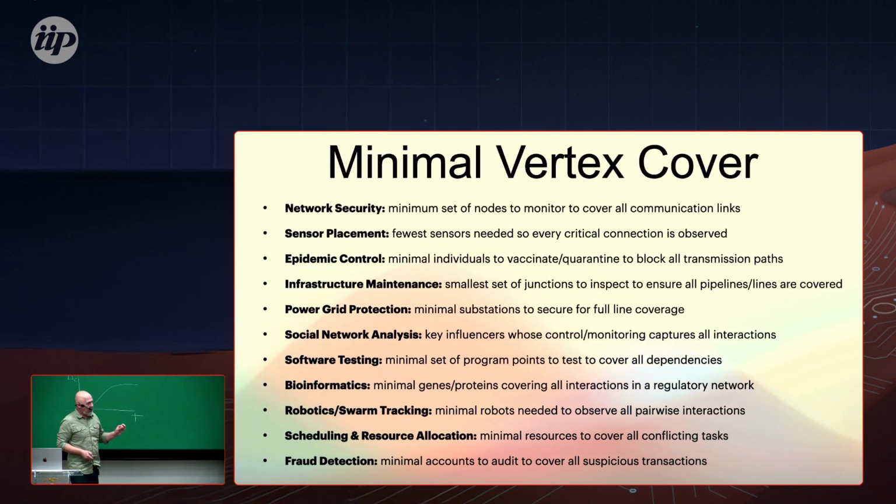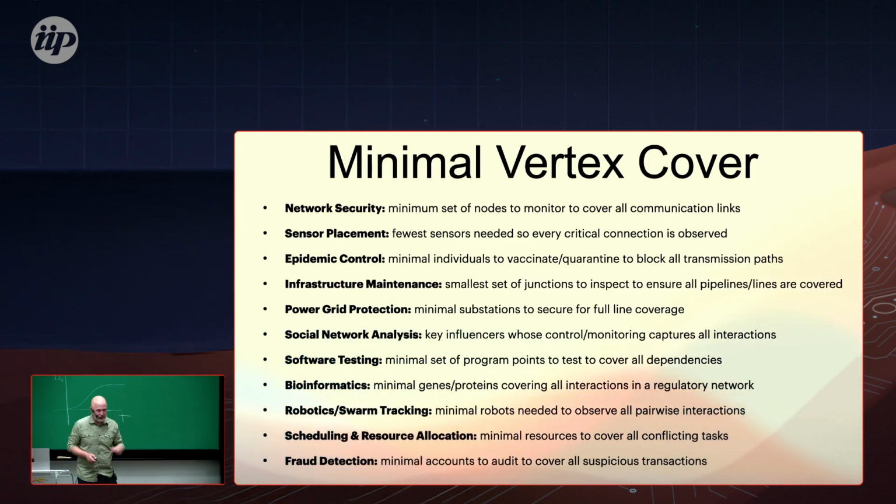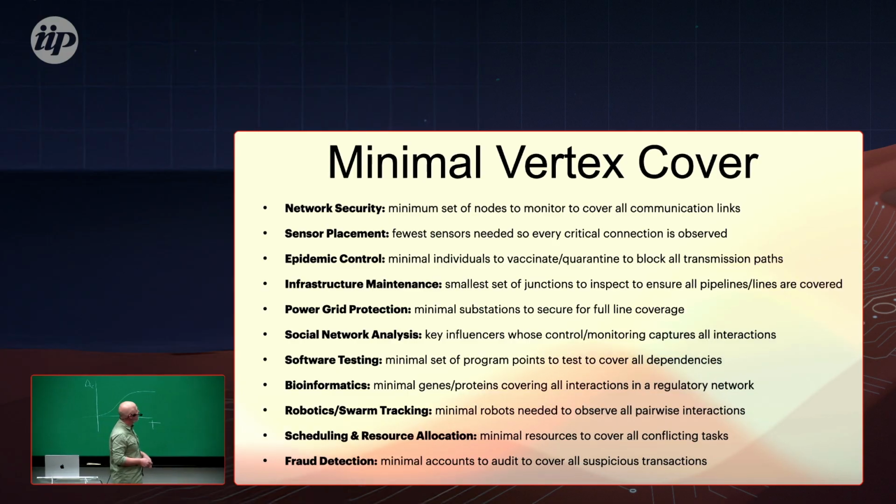So there's another problem, which is actually an extension of that. It's quite important, and it's related to the minimal vertex cover. This is quite important, for example, in network security, epidemic control, infrastructure maintenance, robotics, and so on. For example, with a swarm of drones, if you want to cover a certain area, how many drones can I use?